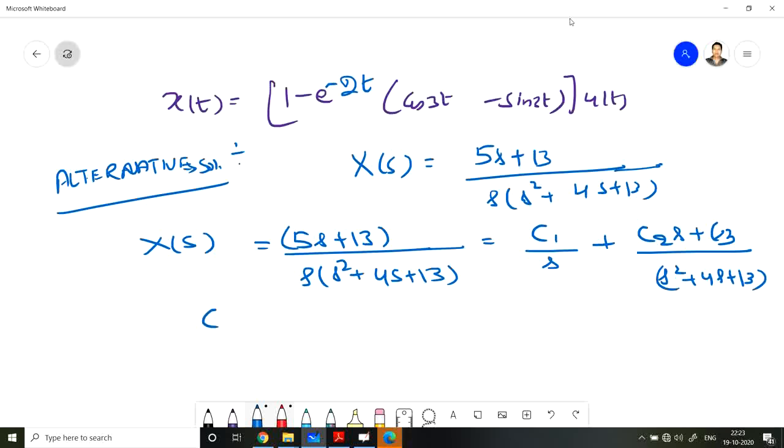So what is c1? It can be written in this form also. So c1 is s into X(s) for s equals 0. Please check, the solution is 1.